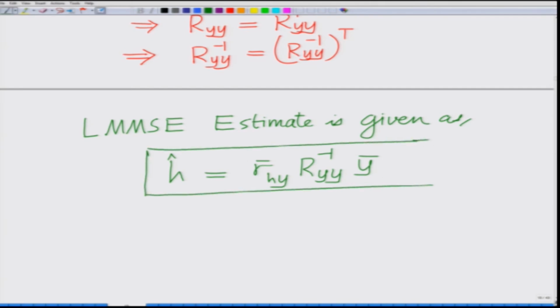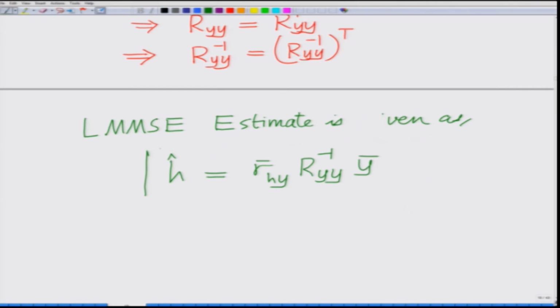This is the expression for the LMMSE estimate. And if you notice this, you will observe something very interesting. This looks exactly identical to the expression for the MMSE estimate, that is the minimum mean squared error estimate, but realize something very important. This is not the MMSE estimate, this is the LMMSE estimate.